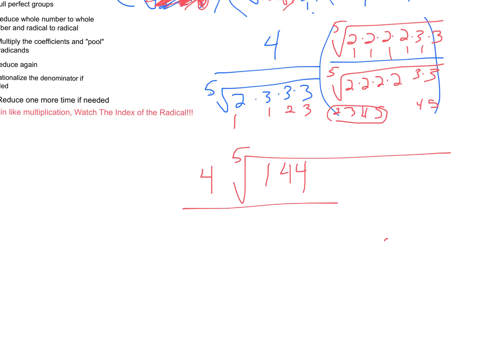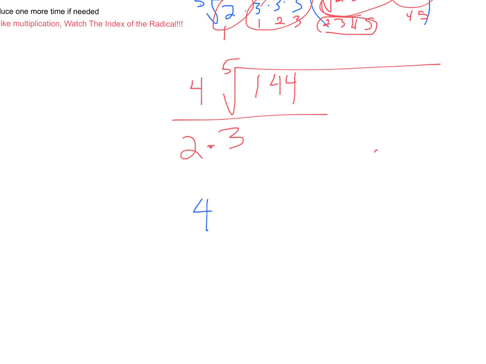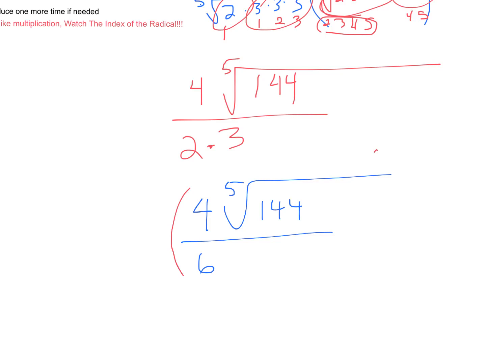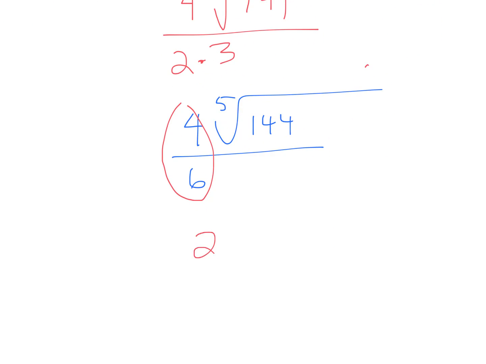Now again, here's one perfect grouping, so that's going to be 2 times, let's do this a little separately, and I have this perfect grouping, so times 3. Okay, 4 fifth root 144 over 6, and now let's reduce 4 over 6. I can reduce to 2/3, so whoops, 2 fifth root 144 all over 3.